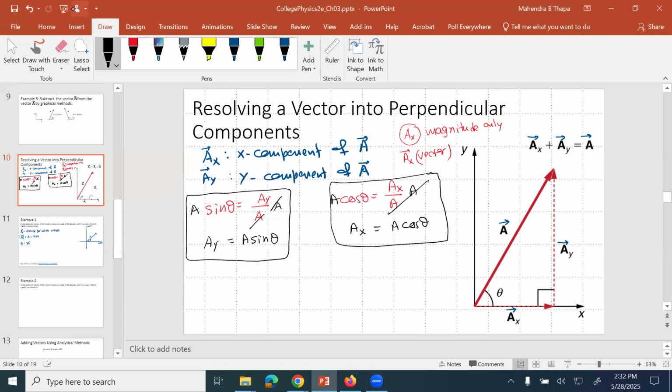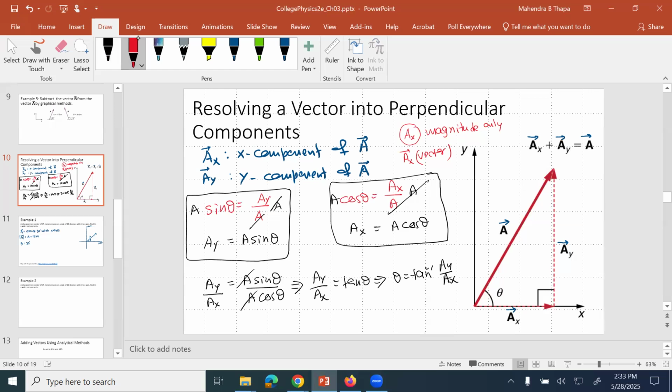Now let's divide these two equations. If I divide AY equals A sine theta by AX equals A cosine theta, what will happen? The A cancels out. That gives you AY over AX. Sine over cosine theta is tan theta. So you can get theta equals tan inverse AY over AX.